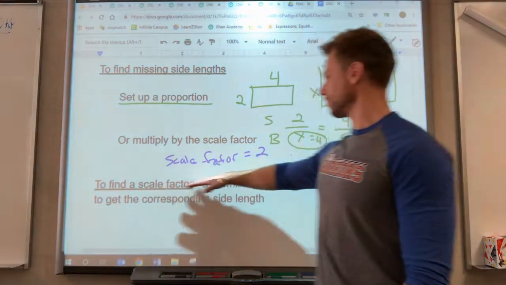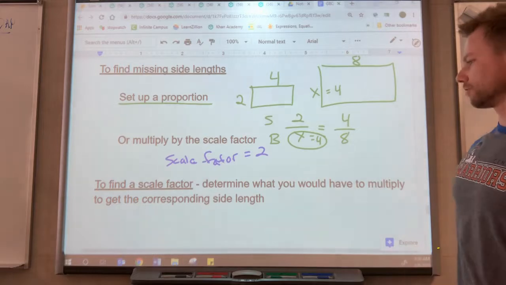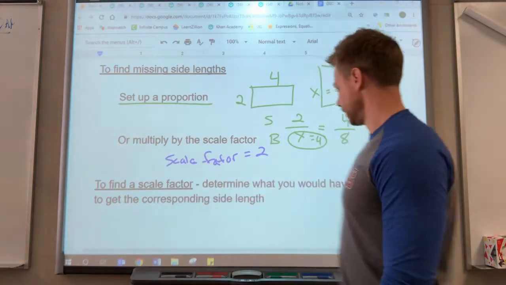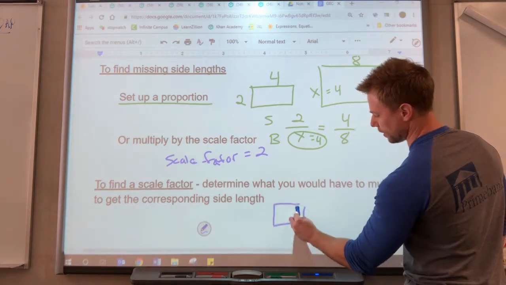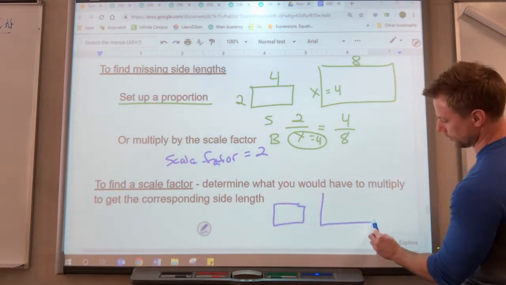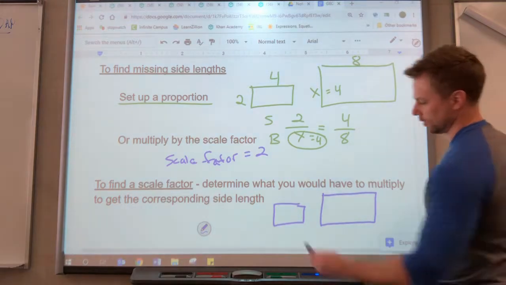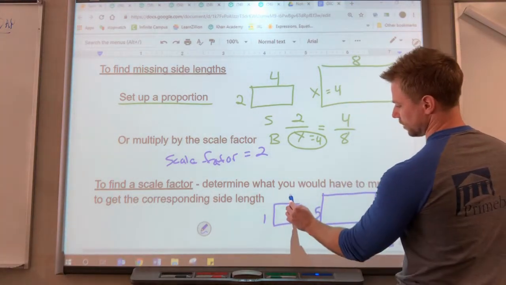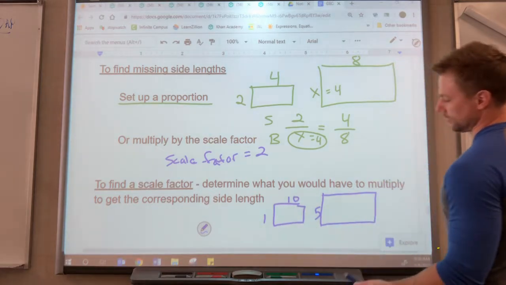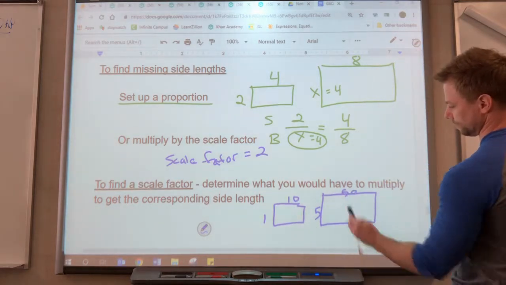To find the scale factor, determine what you would have to multiply to get the corresponding side lengths. Maybe they drew some rectangles for you and they said this is 1, this is 5, this is 10, and then this is 50.